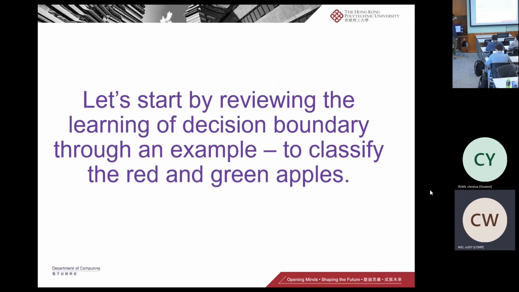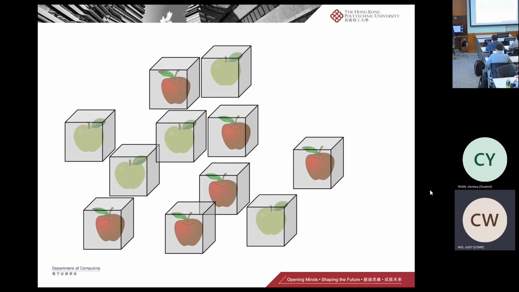So let's go to a very simple classification question: distinguishing red apples from green apples. So that's it. Let's see.